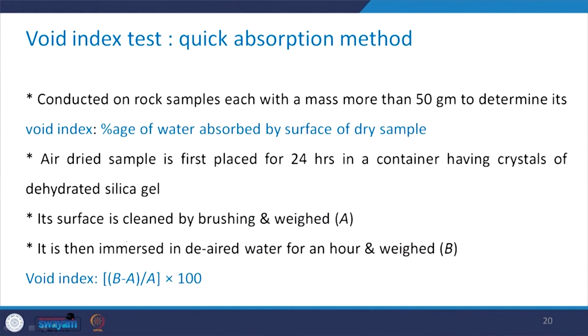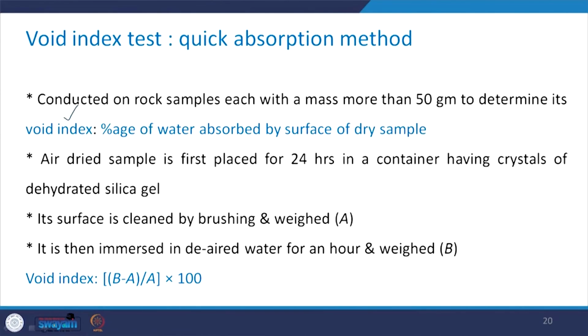Now, the last in this series is the void index test, which is the quick absorption test. It gives us the idea about the percentage of water that is absorbed by the surface of the dry sample, and it is conducted on rock samples, each with a mass of more than 50 grams, to determine its void index.